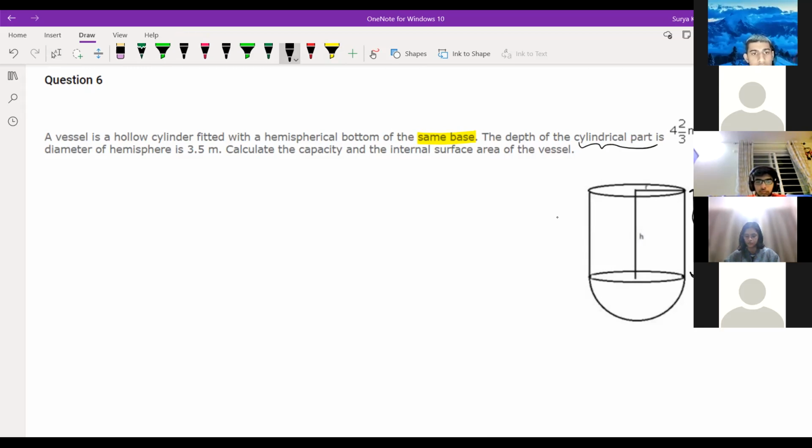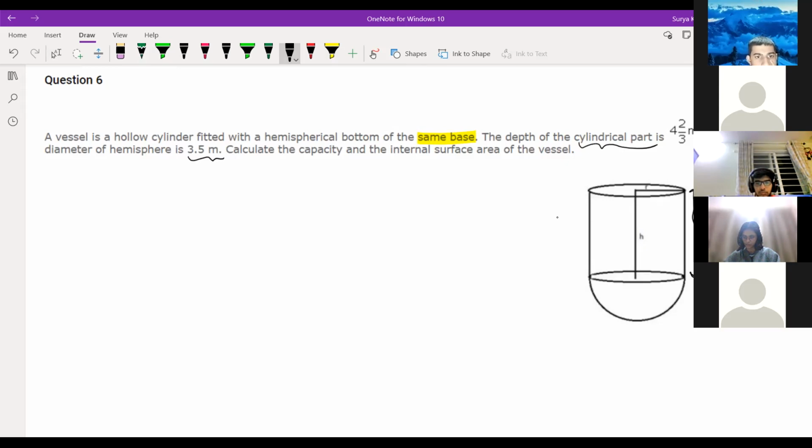And the diameter of the hemisphere is 3.5 meters. Diameter is given, no? The radius I'm writing here 35 by 20, that is same thing 7 by 4 meters. This is for hemisphere as well as cylinder. Okay. Now calculate the capacity of the internal surface area of the vessel.